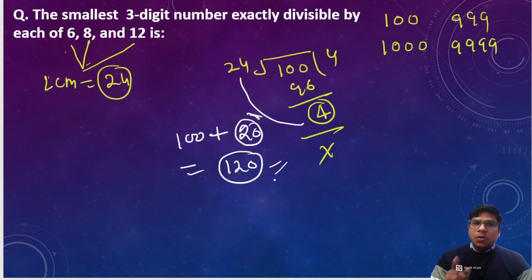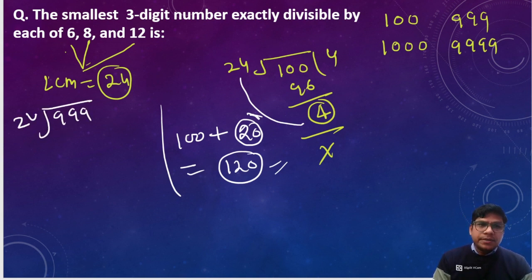But what about the highest or largest 3-digit number? Again, we have to divide the largest 3-digit number by the LCM. The largest 3-digit number is 999 and we have to divide it by the LCM. So 24 fours are 96, remainder is 39.